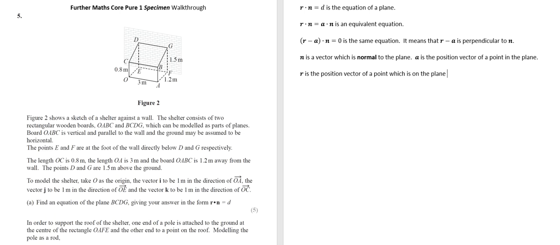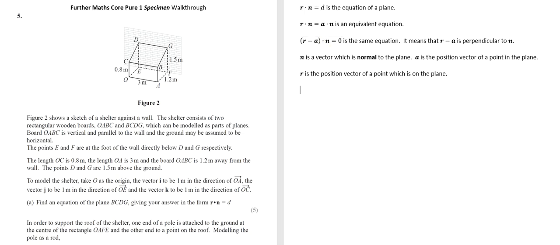So we're constraining it by saying that if you take the dot product of r with n, you get this particular value d that they've called it. But we can think of it more intuitively like this. It's the position of a point which, if you calculate the vector relative to a point which is on the plane, you get something which is perpendicular to n, the normal to the plane.